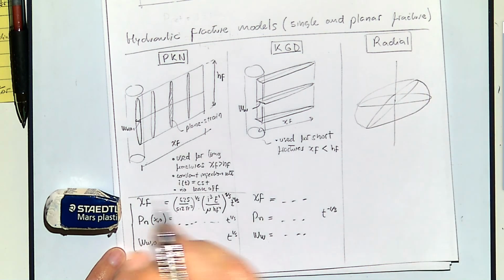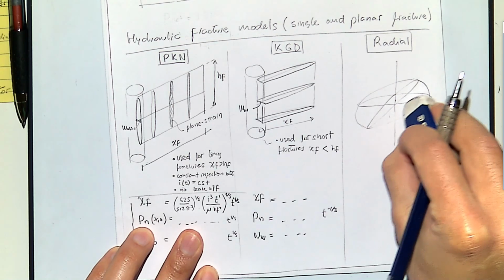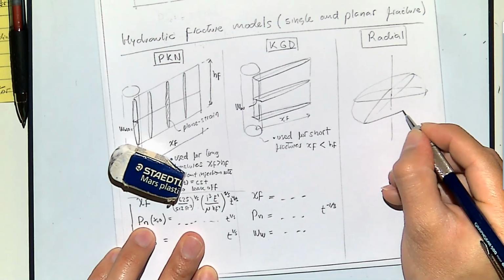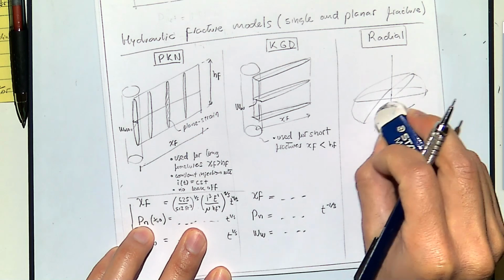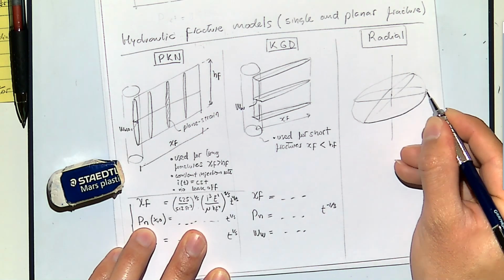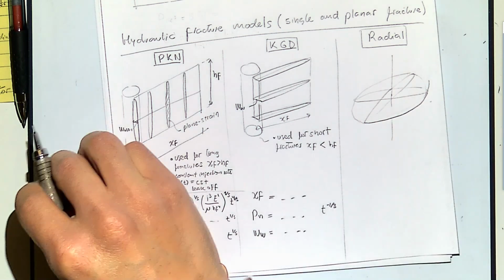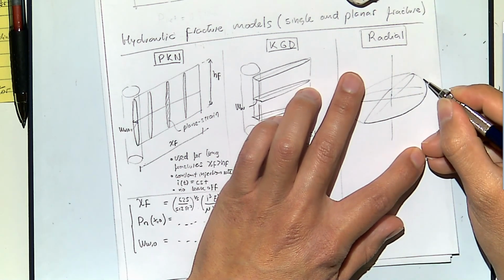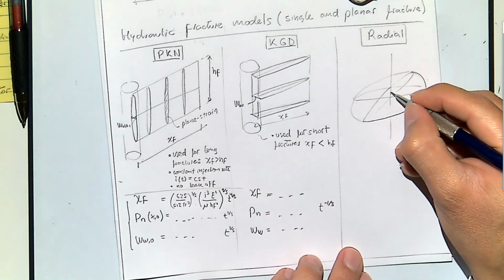So the fracture is going to look like an ellipsoid, a planar ellipsoid, where the width now is going to be here at the center.